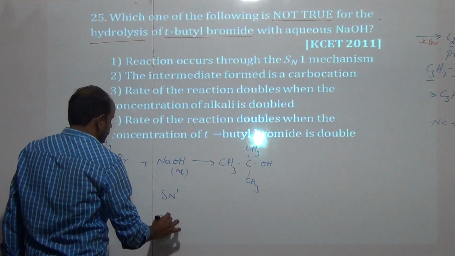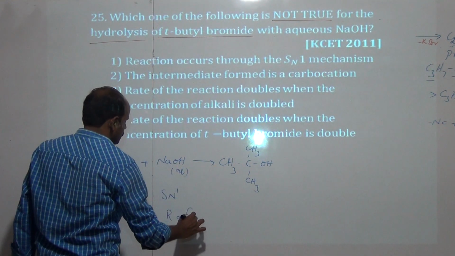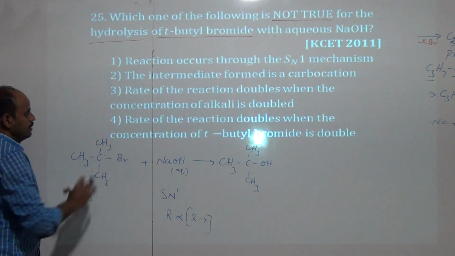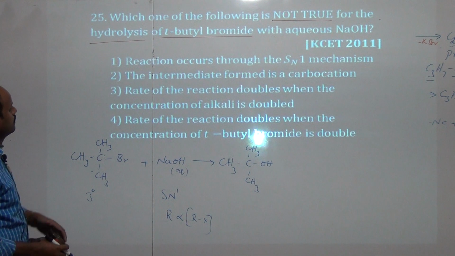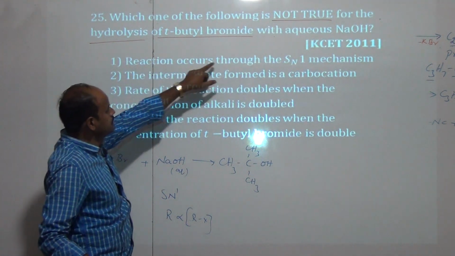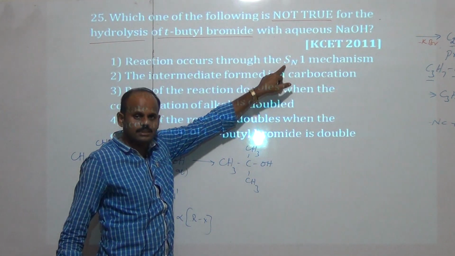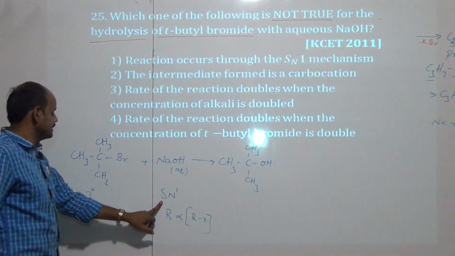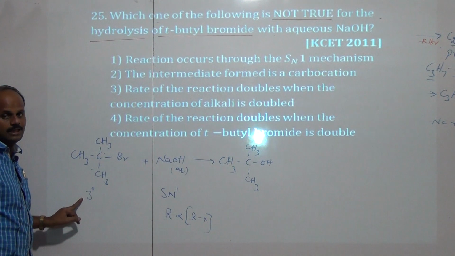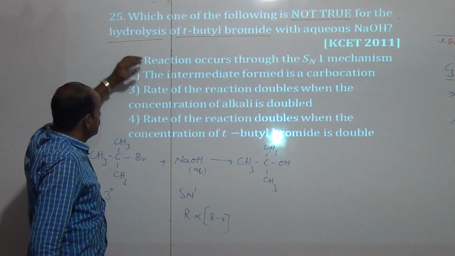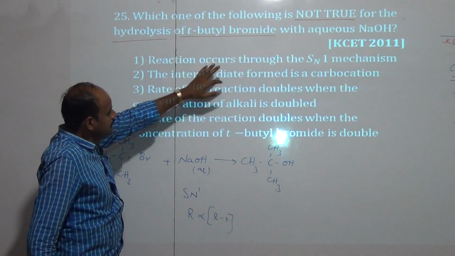In SN1, the rate of the reaction is directly proportional to the concentration of the alkyl halide, that is tertiary butyl bromide. What have they given here? The reaction occurs through the SN1 mechanism. Is it correct? Yes, because it is a tertiary alkyl halide. But they asked for the not true one, so it is not the answer. The intermediate formed is a carbocation.